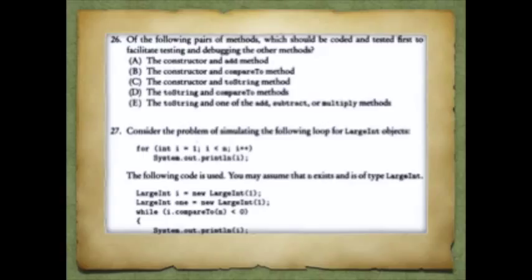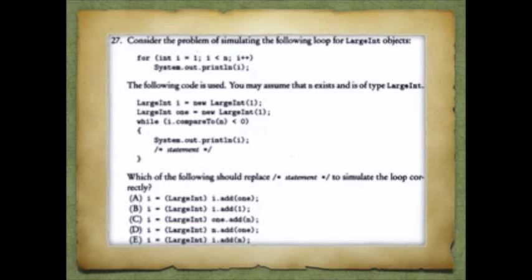Now let's check the following lines. Large int i equals new large int 1, and large int ONE equals new large int 1. Note that the first one is the number 1, but the second large int called ONE is the added element for the adding operation.